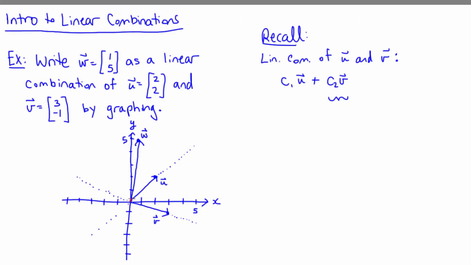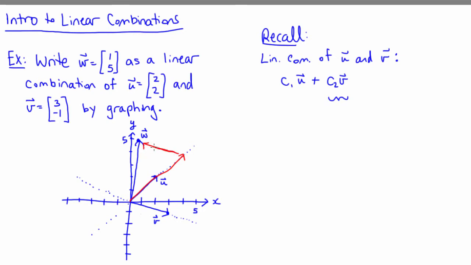If we were to travel this distance along u, just to about here, we would now be in a position where we could travel over in this direction, which is parallel to v, to create two vectors that sum to w. So if I draw this one in here, here we go. We've got a multiple of u plus a multiple of v, which equals w.